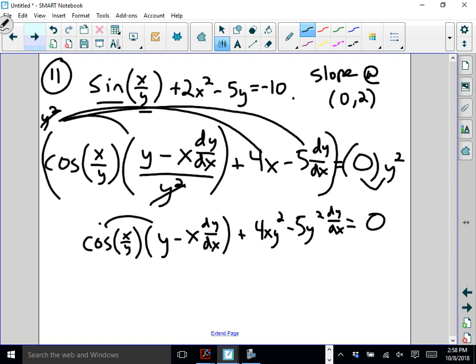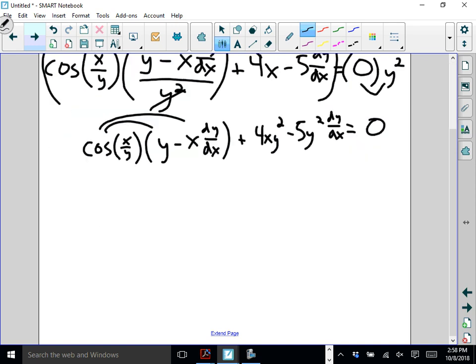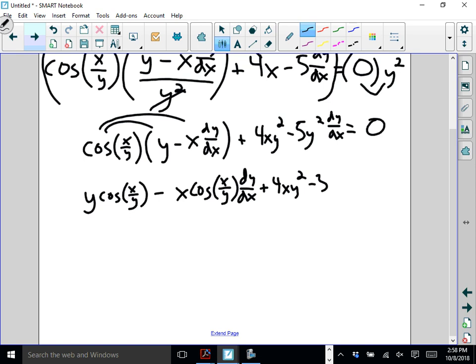Now I'm going to go ahead and distribute this cosine. I'll get y cosine of x over y minus x cosine of x over y dy dx plus 4xy squared minus 5y squared dy dx equals 0.